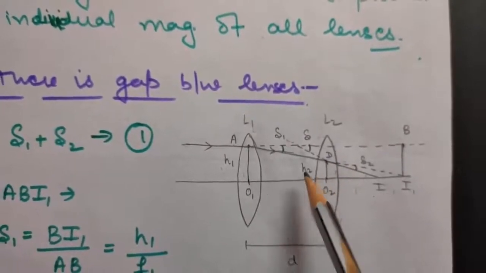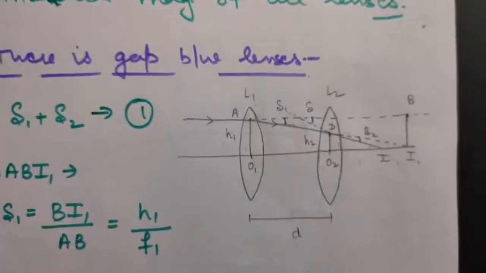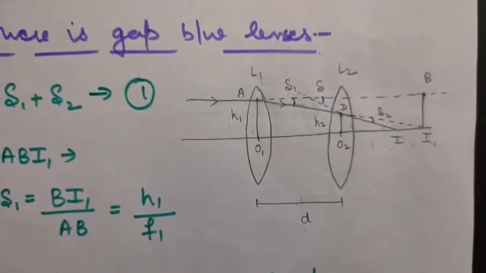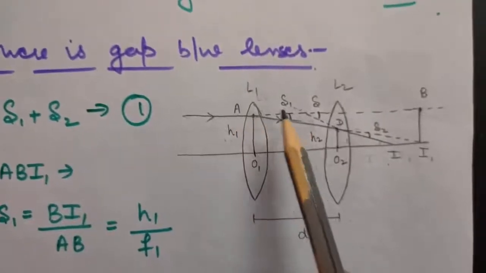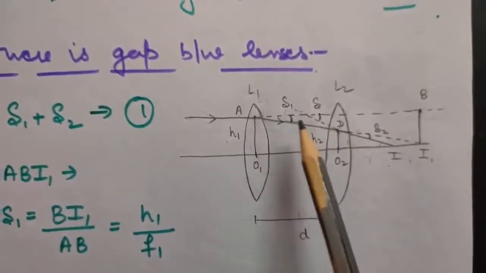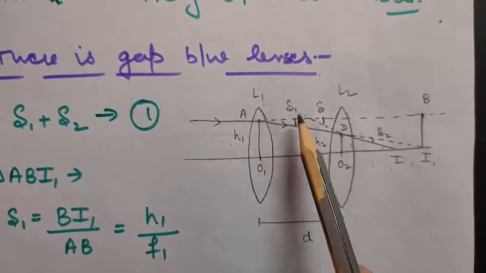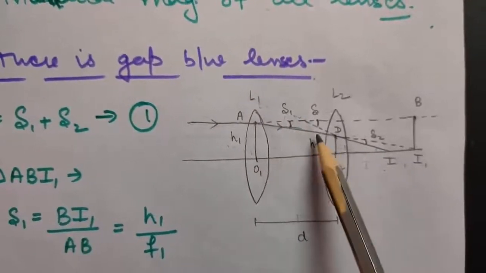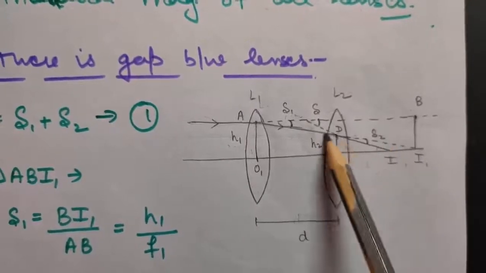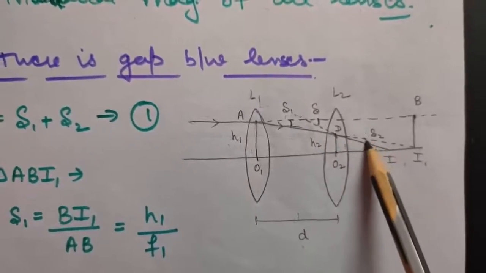One more thing, del is the angle of deviation, that is the angle between the incident and the deviated ray. So this is the incident ray for L1 and this is the deviated ray. So this will be del 1, the angle of deviation for L1. Similarly, this was the initial ray for L2 and this is the deviated ray. So this will be del 2.